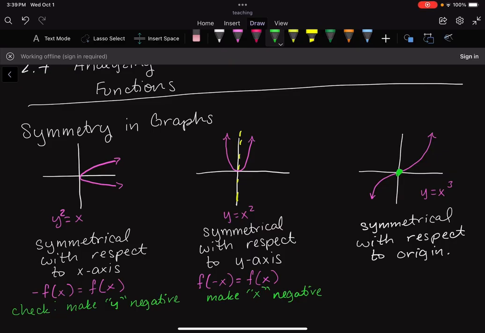And so what we'll see for this one is that f of negative x is equal to negative f of x.